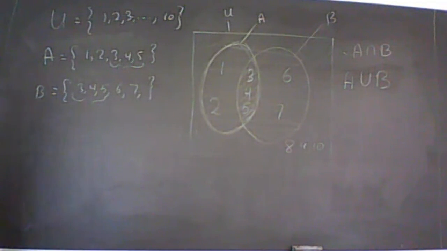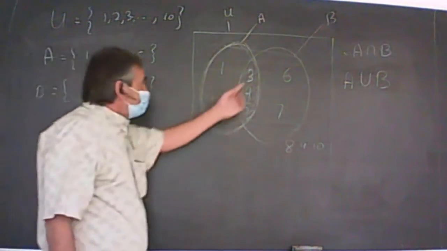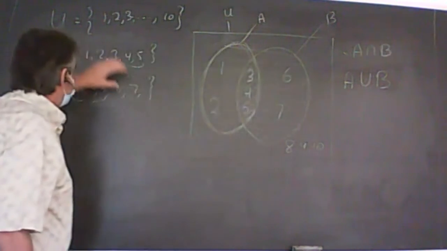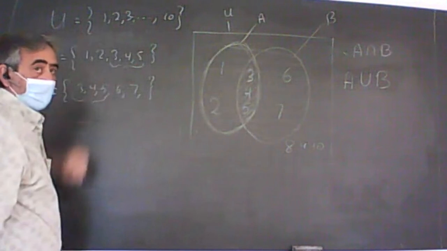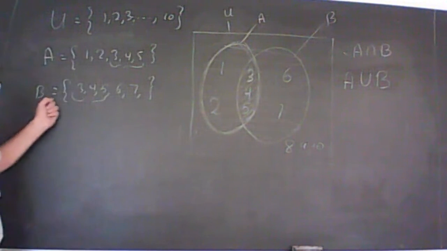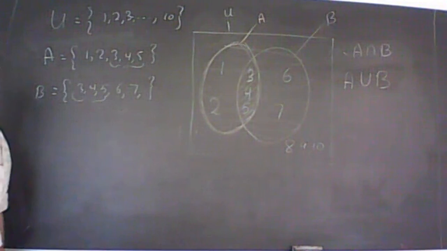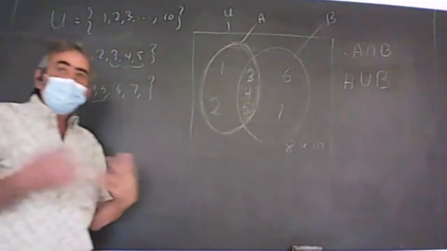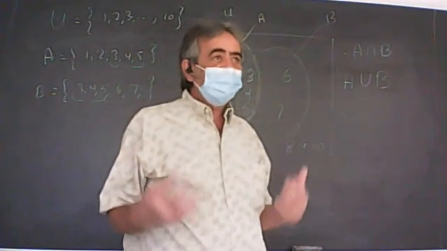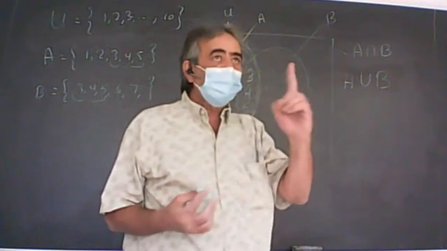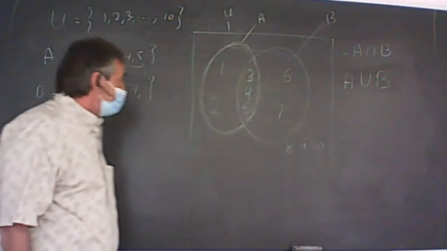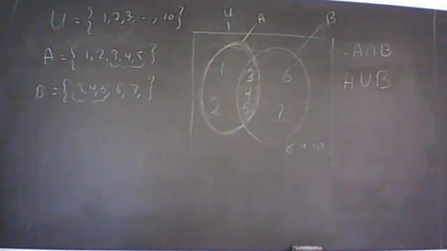Yeah? Notice we only count the intersection once. Even though the number of elements in A is 5, the number of elements in B is, again, 5, yes? But the union doesn't have to be 10. Why? Because we only count the common element once. So in this case, the union is 7. Yeah?